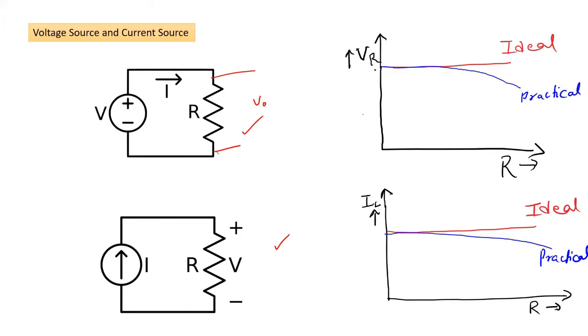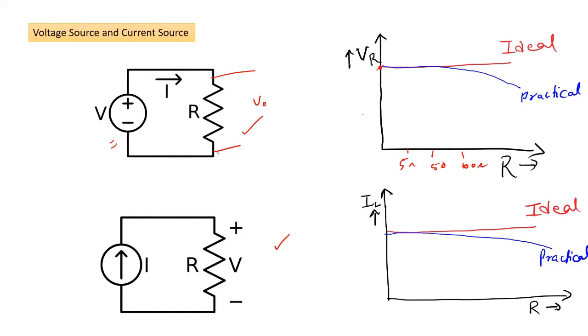So ideally, a voltage source gives a constant output voltage, whatever resistor you keep, be it 5 ohms, 50 ohms or 100 ohms. The voltage across the resistor will be the same. This is the definition of a voltage source.